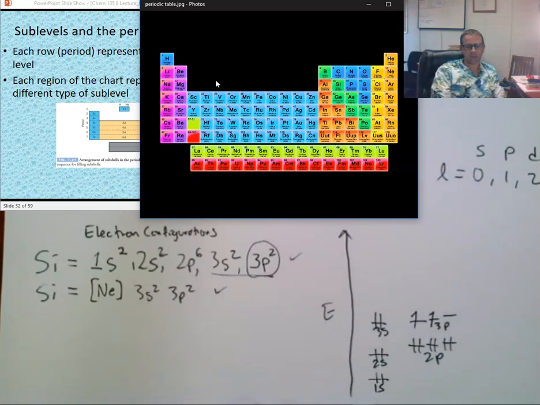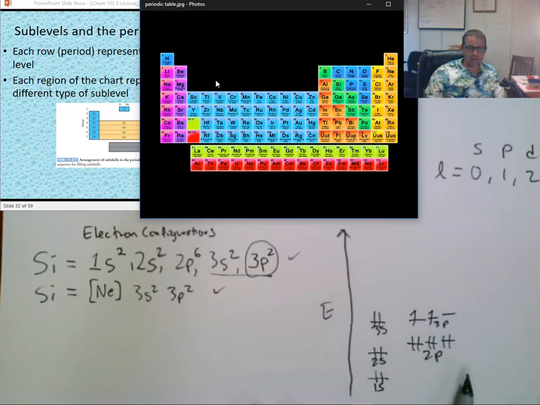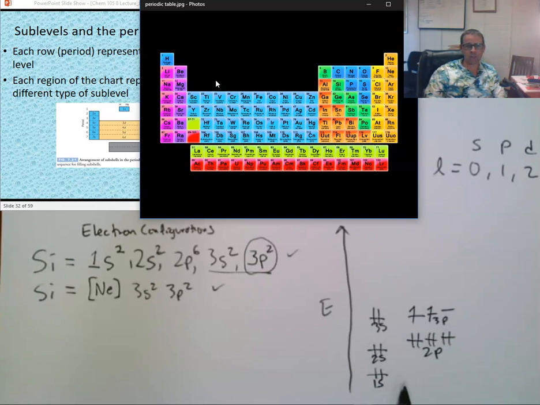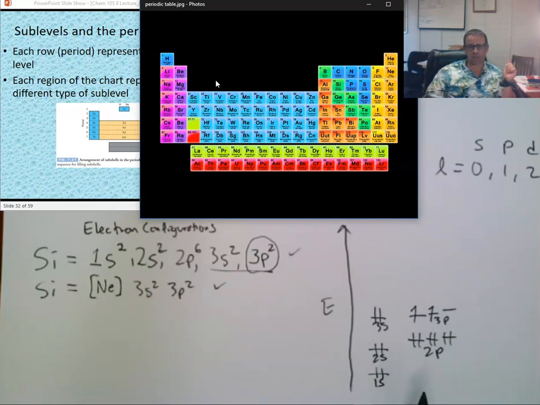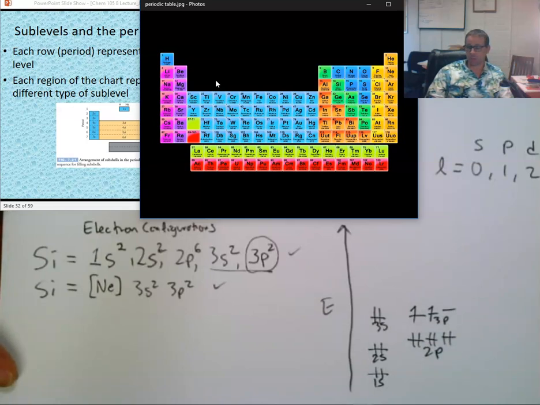All right, so if we can keep this in mind, we can answer and understand a handful of questions. One is, we can see that if this element wants to fill that outer subshell, it's going to need 1, 2, 3, 4 electrons. Okay? 4 electrons.